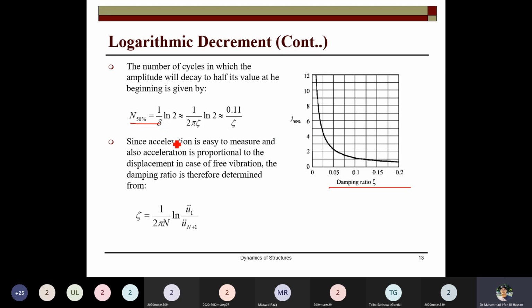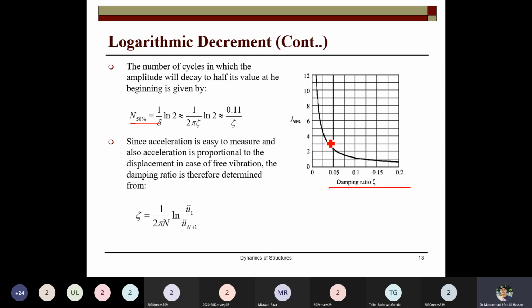The number of cycles at which the amplitude will be reduced to half of its value you can compute by this formula, because you just put 1 over delta log of 2. Why 2? Because we want to decay to half of its value, so that's why we put it in, so n 50%.